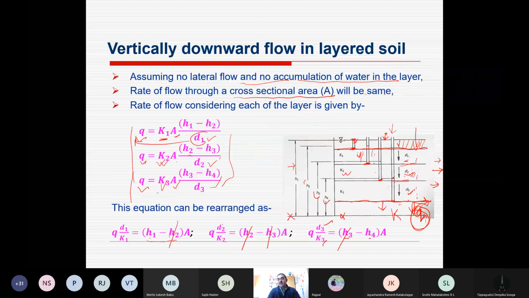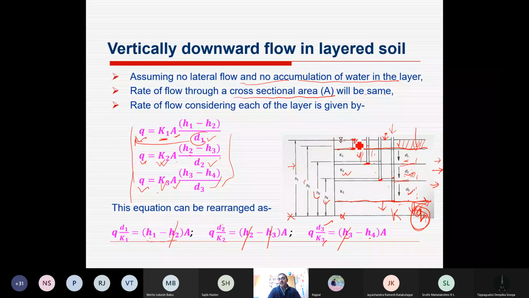H1 is at the top of the first layer, and at the bottom of the last layer it is H4. So we have the head difference from the top to the bottom of this three-layer soil system, H1 minus H4.